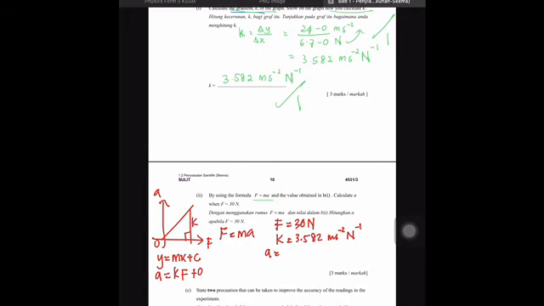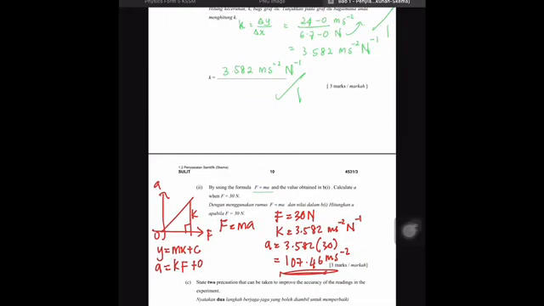Basically F equals MA, and you are going to use K. Your K is 3.582, then 30. So you calculate your answer, 107.46 meter per second. So this is your answer. Okay, clear or not?